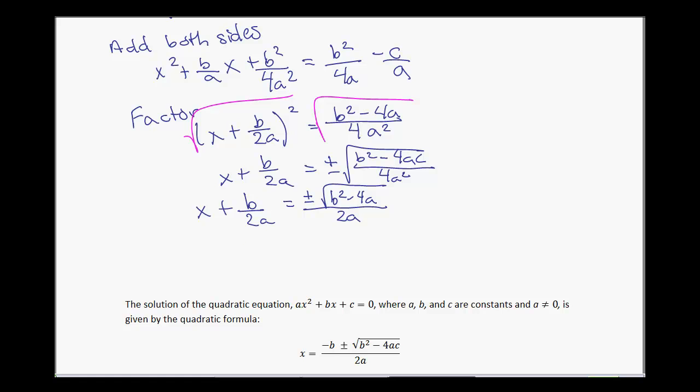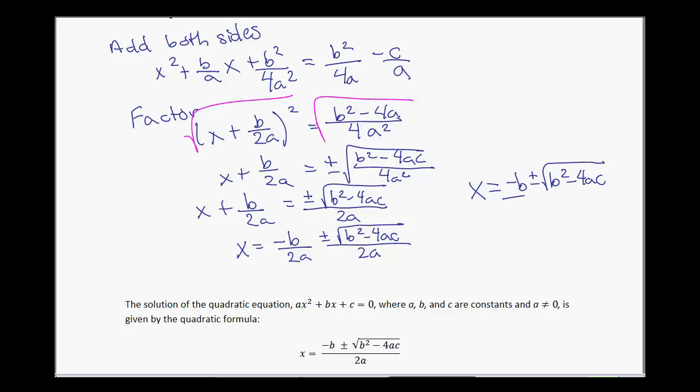Solving for x, we find x equals negative b divided by 2a plus or minus the square root of b squared minus 4ac all over 2a. And writing as one fraction, we find x equals negative b plus or minus the square root of b squared minus 4ac all over 2a.